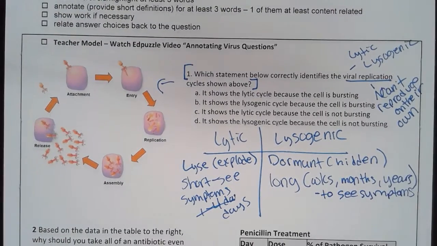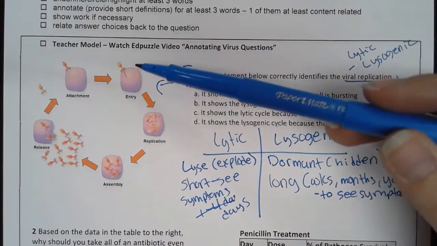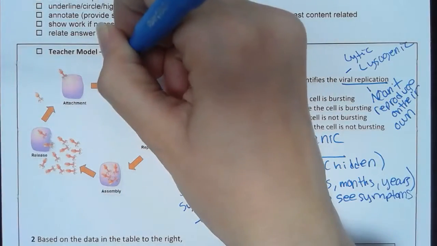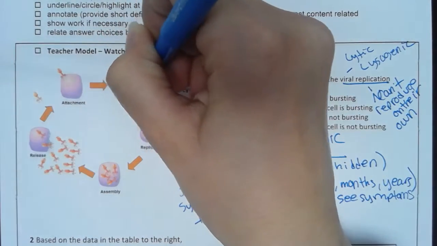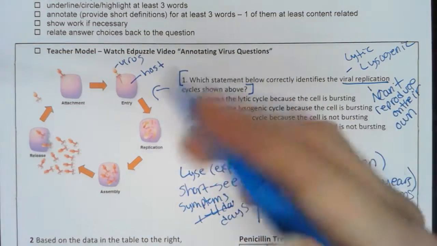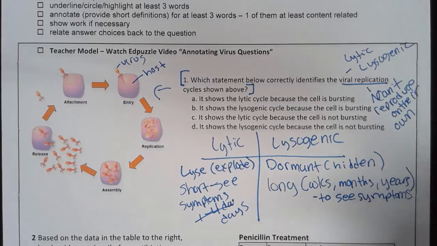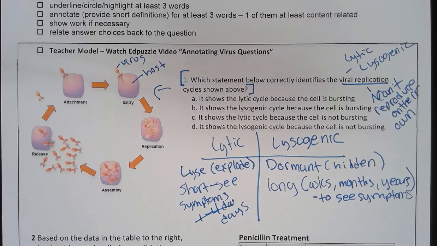Craziness. Okay, so in each cycle, the lytic and the lysogenic, the virus attaches to a host cell. This is the virus and this is the host. This is it attaching, and then it injects its DNA or RNA. Viruses have either DNA or RNA.